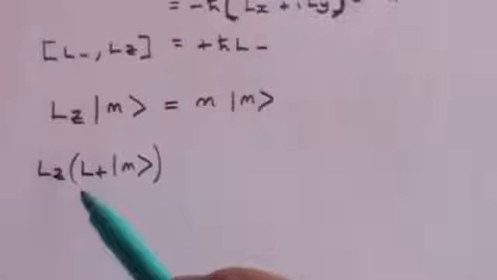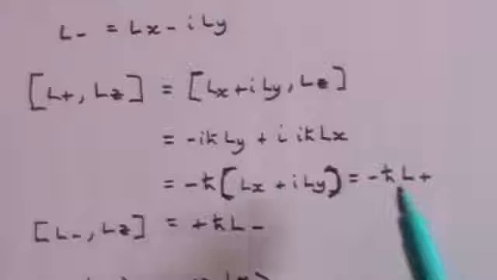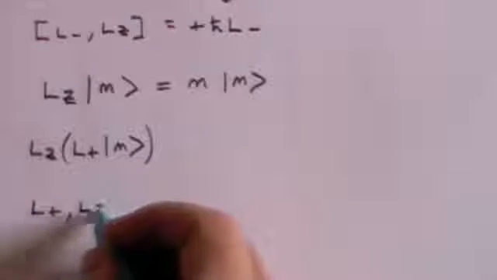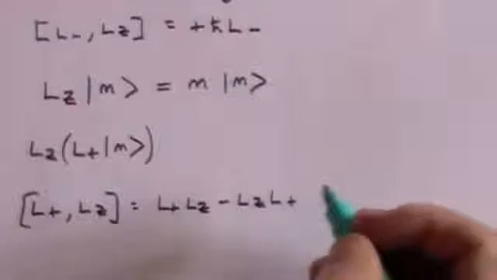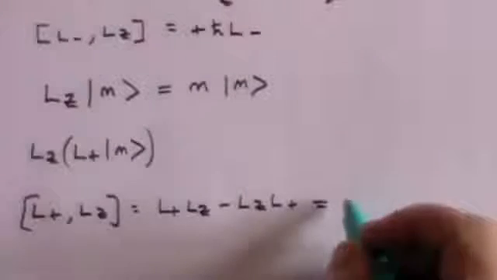Well, what's that going to give me? I just want to remind you that we showed you that the commutator of L plus with Lz is minus h bar L plus. So I can write that the commutator of L plus and Lz, which is the same as saying L plus Lz minus Lz L plus, is what a commutator is, and that equals minus h bar L plus.